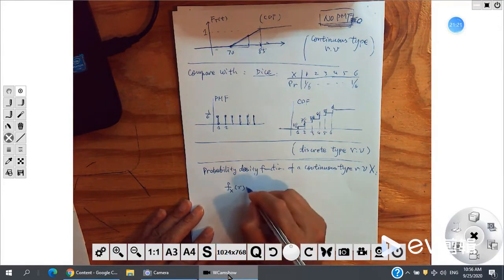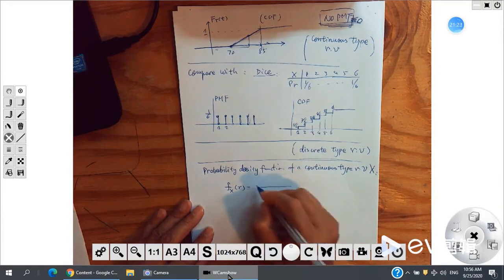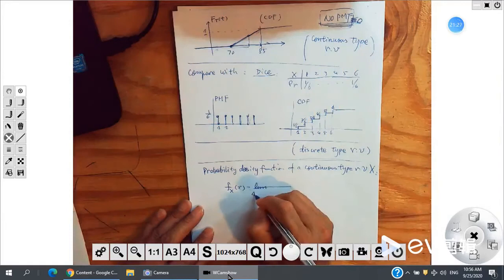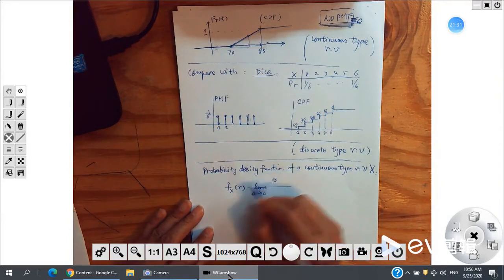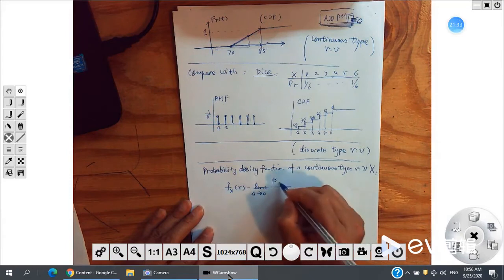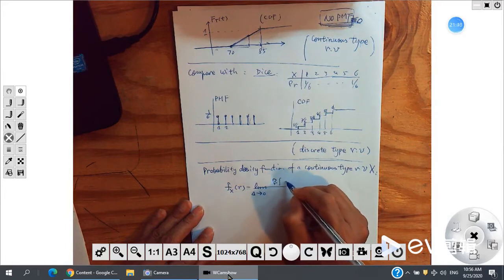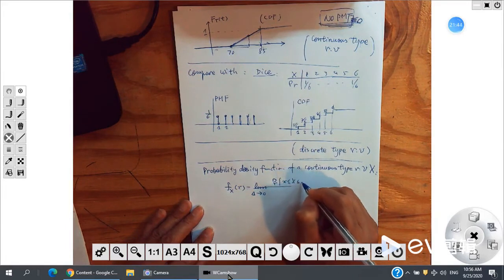Its definition uses a limit as delta tends to 0: the probability of capital X between x and x plus delta, over delta.